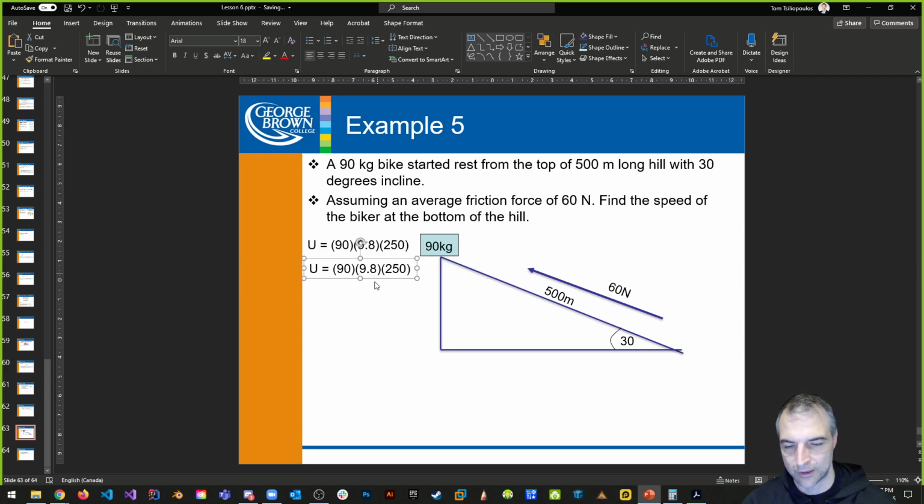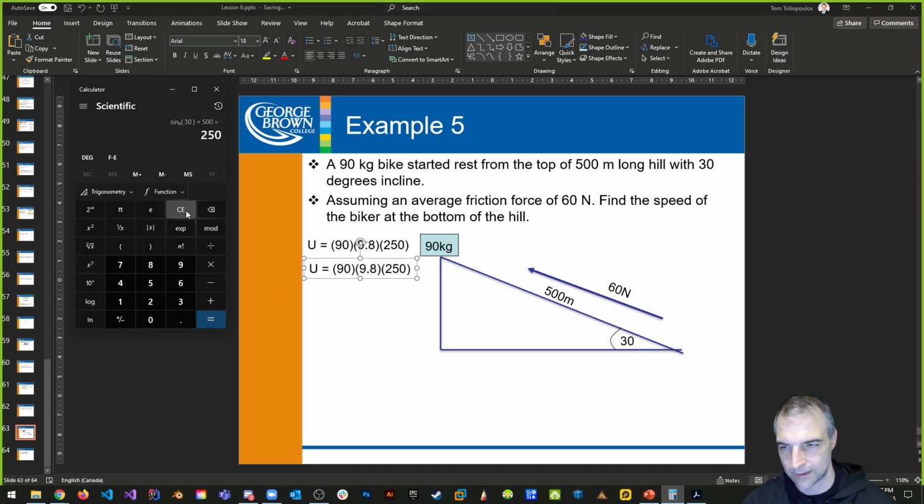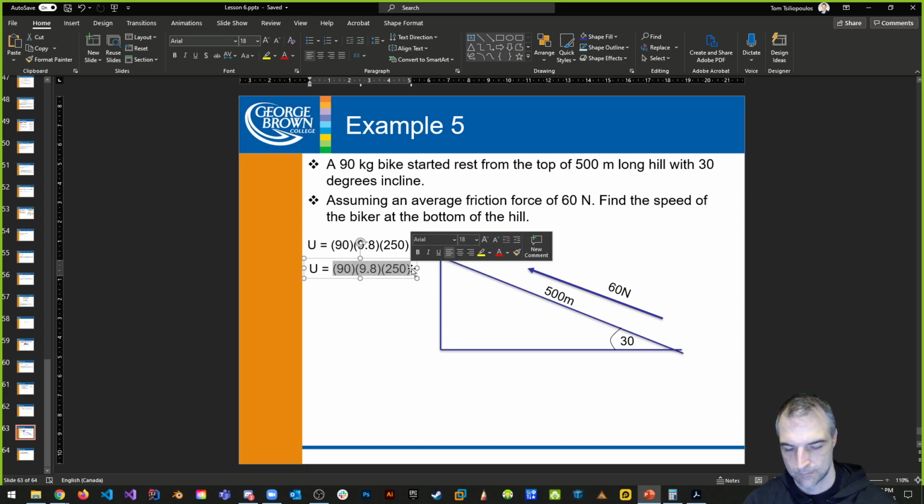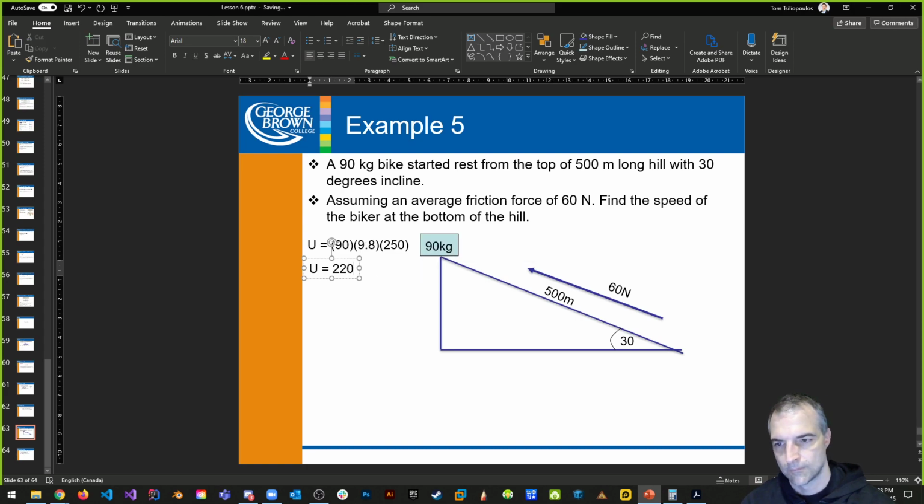Once I have my potential energy and I calculate this, I can transfer potential energy to kinetic energy. Kinetic energy would be down here, right? So let's try to figure this out. If I say 90 times 9.8 times 250, that is 220,500 joules, right?